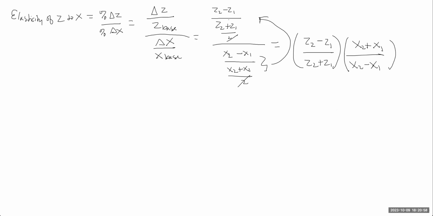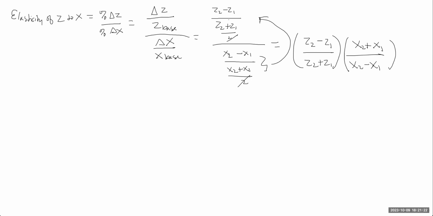Okay. That is the elasticity formula reduced down. Well, we got rid of the 2's. For the dependent variable, you subtract the 2 numbers on top in the numerator, you add them in the denominator. For the independent variable, you add them in the numerator and you subtract them in the denominator. That will always be true.